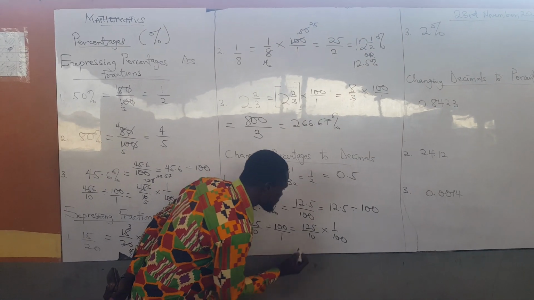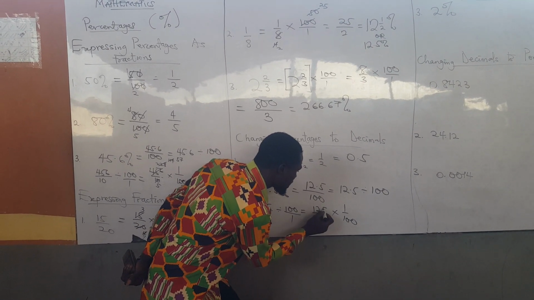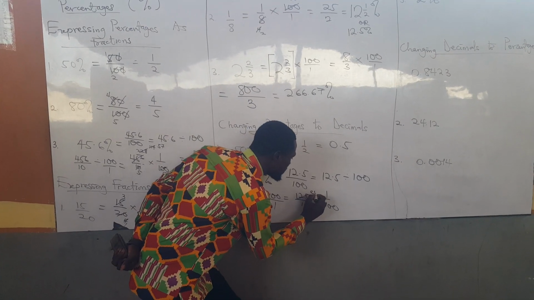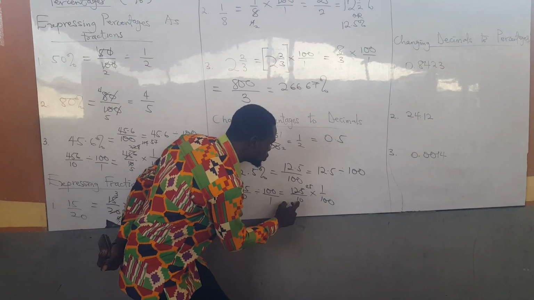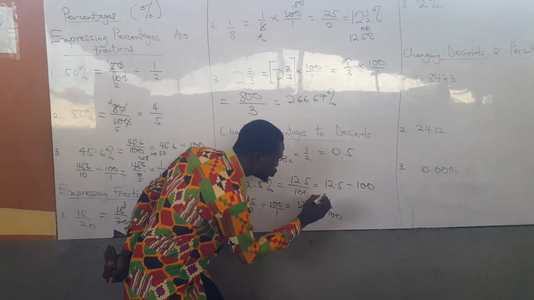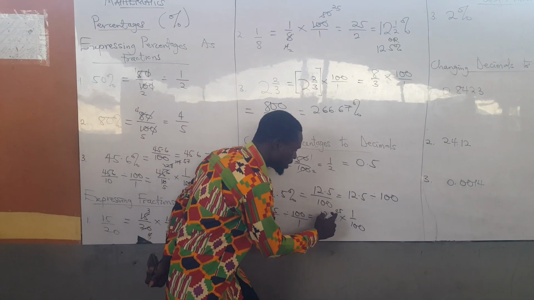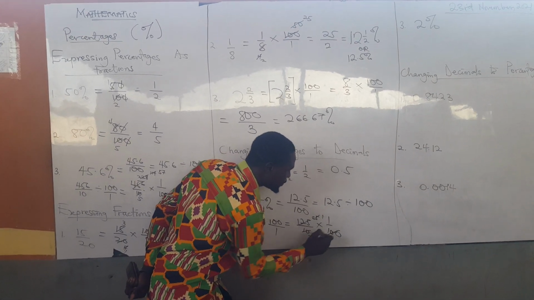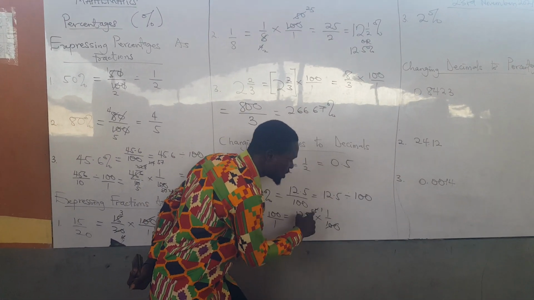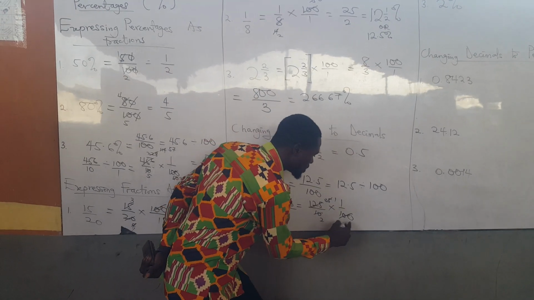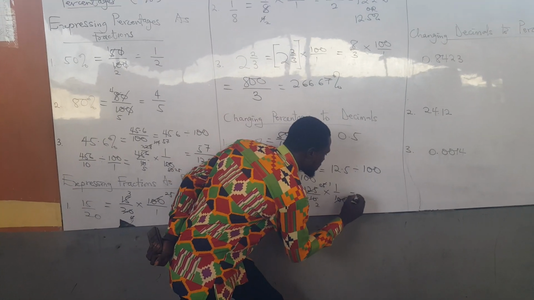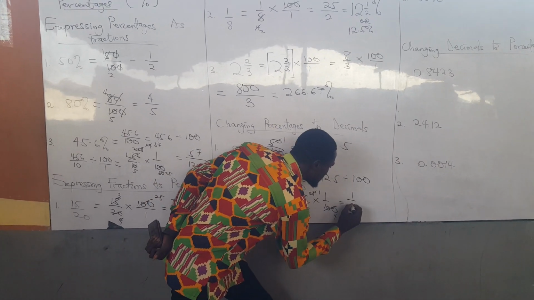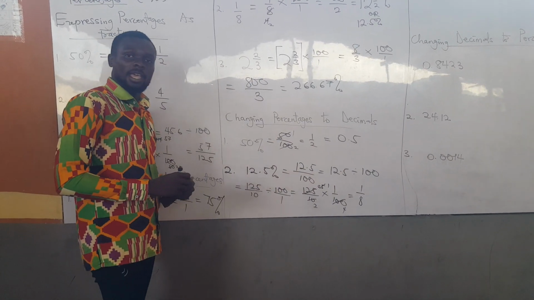You can see that 5 can go into 125, 25 times, and 5 will go into this number 2 times. 25 can go into 100. So 25 into itself 1, 25 into 100 is 4. So we are going to get 1 times 1, 1. 2 times 4 is going to give us 8.